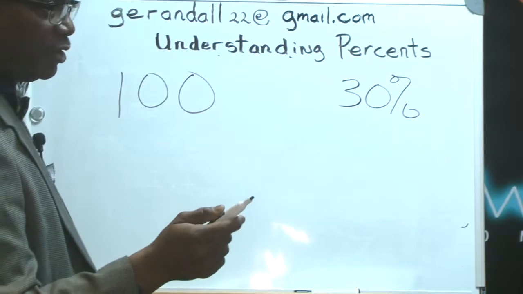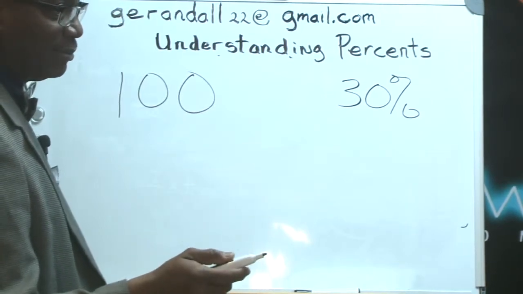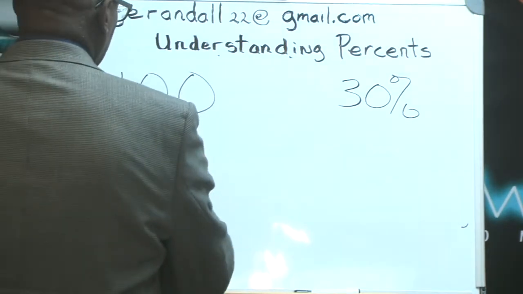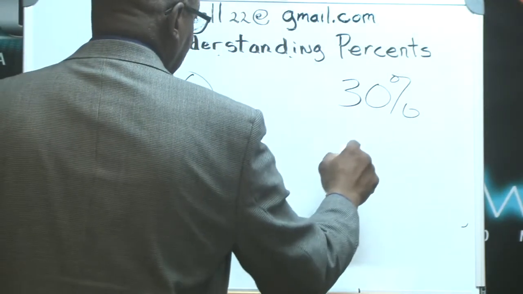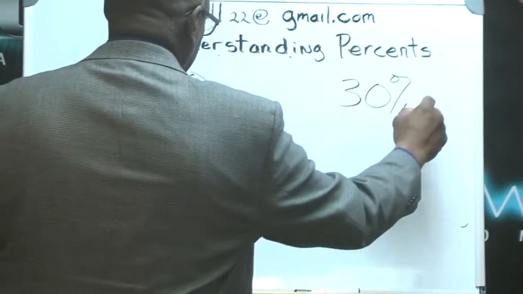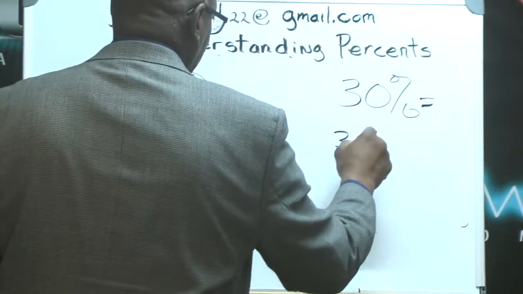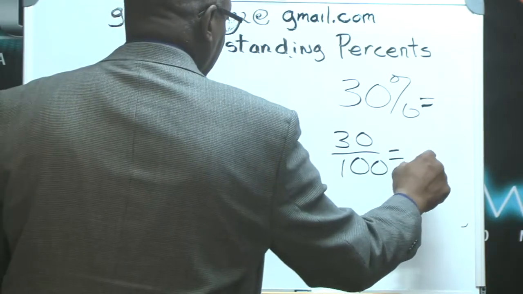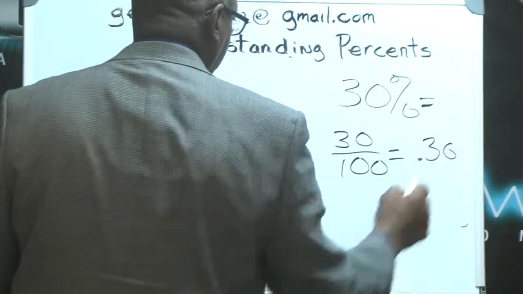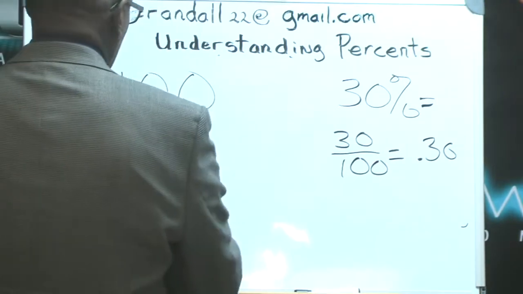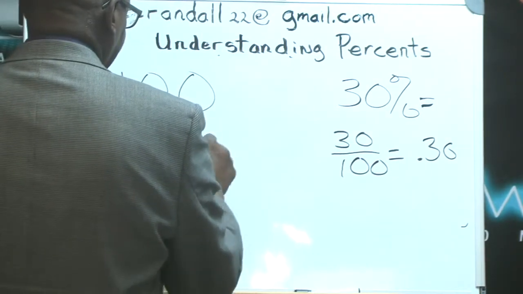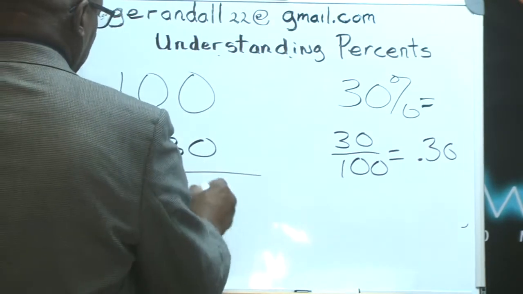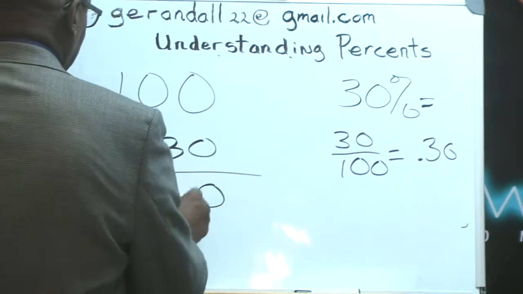So that we know that item is 30% off, we convert this to a decimal, and we re-express this. First of all, it is 30 over 100, or 30/100. And we multiply, again, our basic skills. 0 times anything is 0.